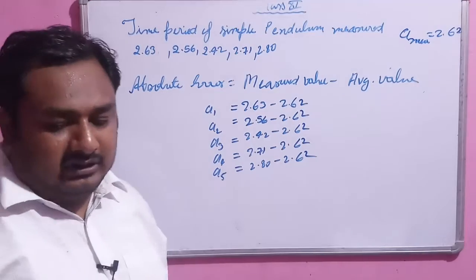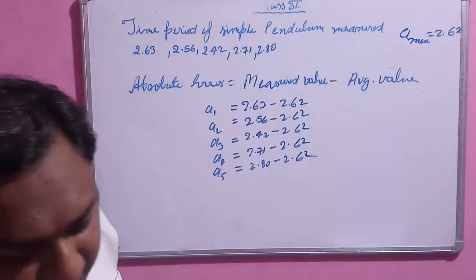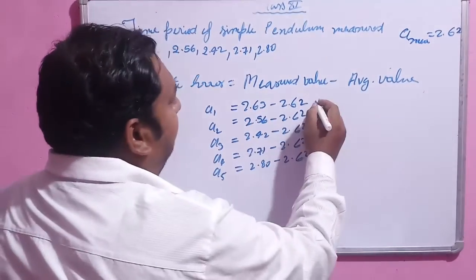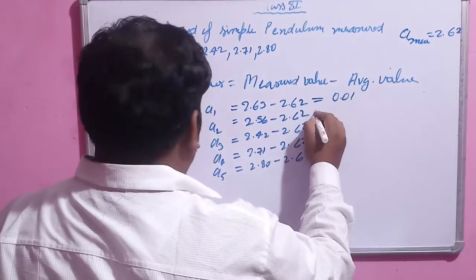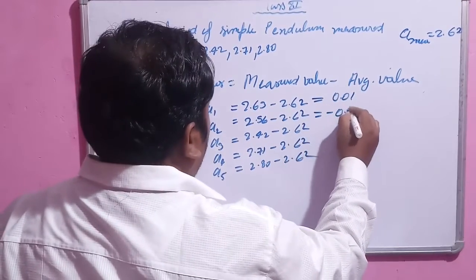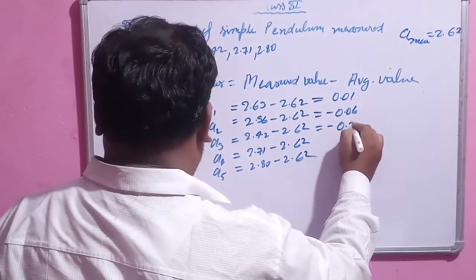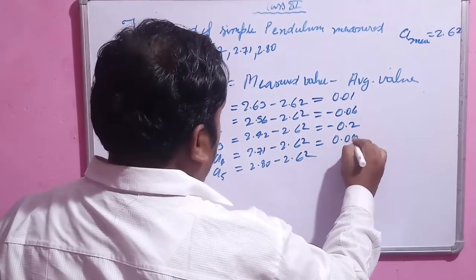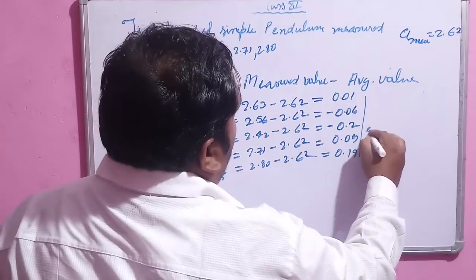Corresponding to each difference, we will get a value. I am writing them directly to save time: 0.03, minus 0.04, minus 0.18, 0.11 and 0.20, and all are in seconds.